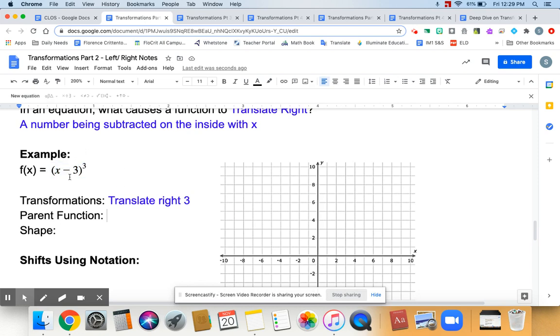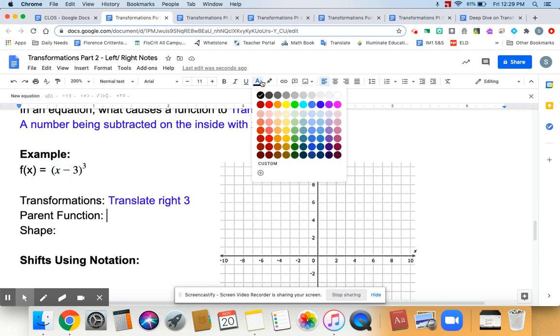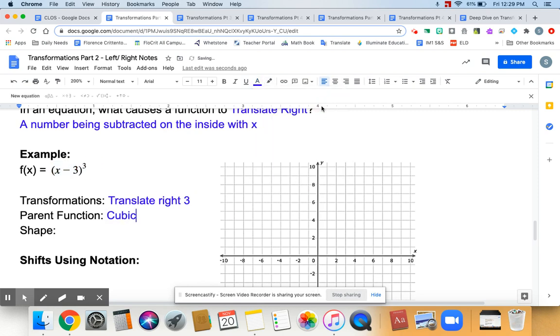And what's the parent function on this? On the parentheses is an exponent of 3, which means it's a cubic. And what shape does cubic graphs make? Remember, cubics make the up and down sort of S.